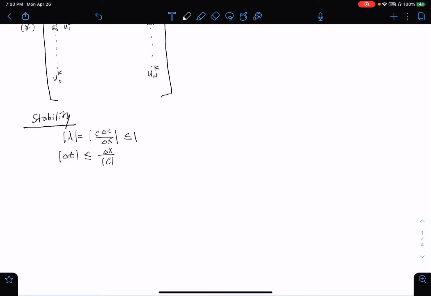In other words, we cannot choose a very small spacing in the space variable but a very large time step.